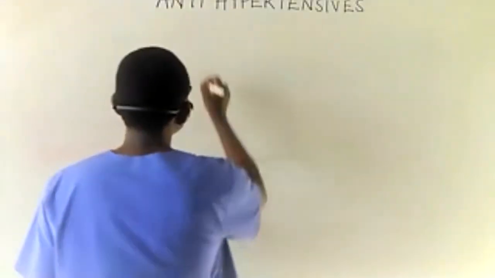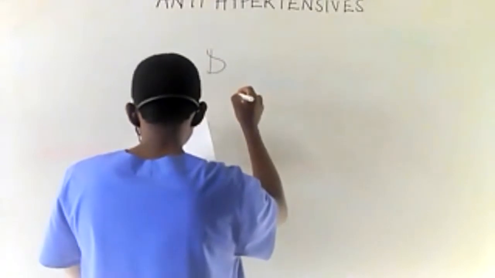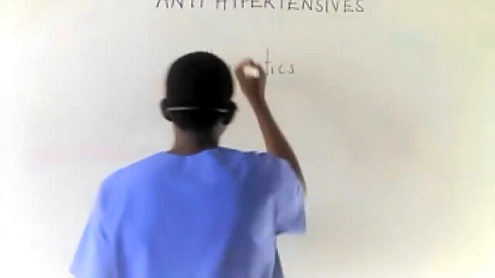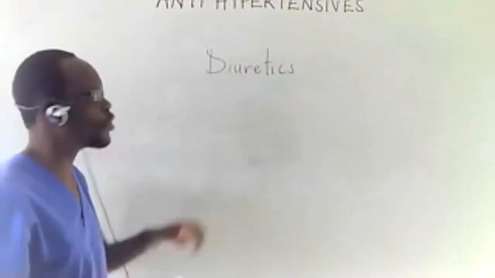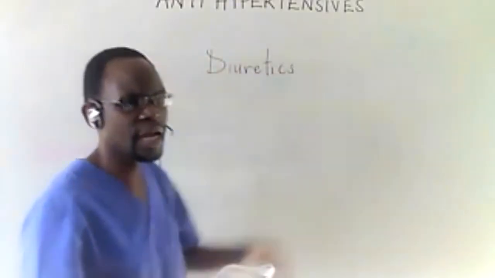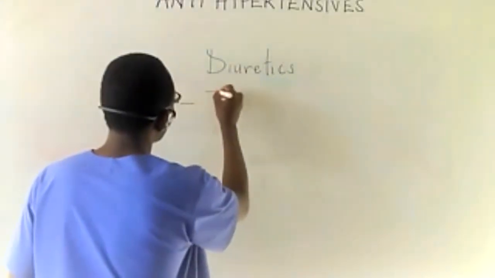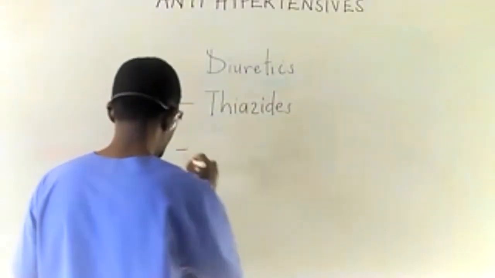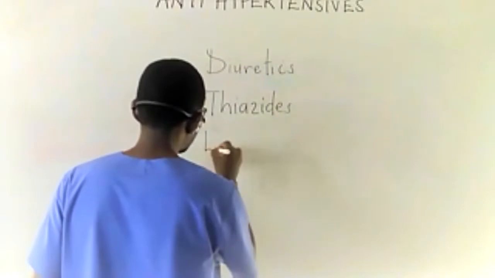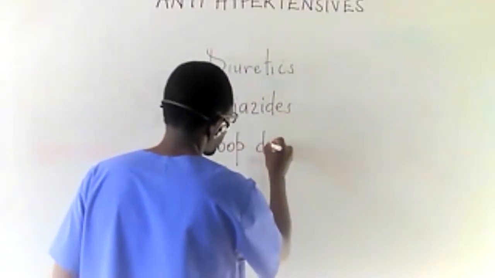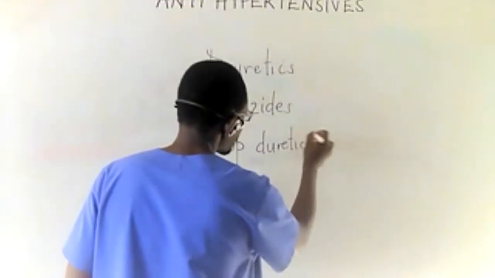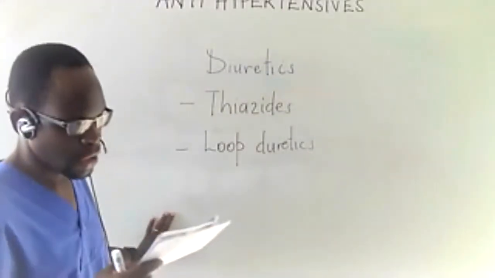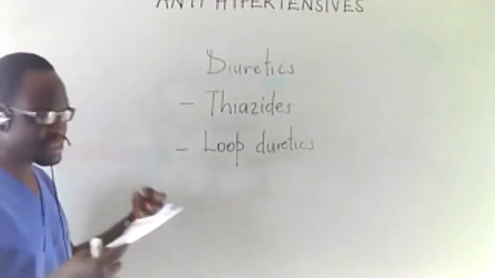So diuretics are the other category of antihypertensives, and of importance are the thiazides and what we also refer to as the loop diuretics, for example Lasix, or furosemide.